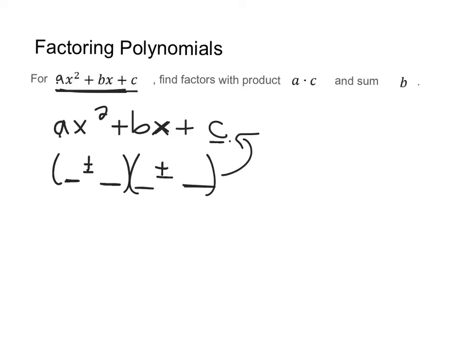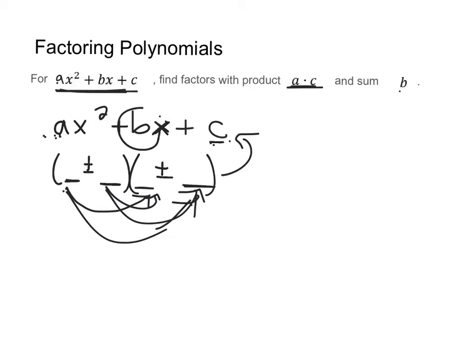So in general, we want to find factors of the product AC, because if you remember, in order to get from this binomial to this trinomial, they had to FOIL. So first, outer, inner, last. So they need products of AC. So we want things that multiply together to get AC, that'll add or subtract to get B, that middle term.